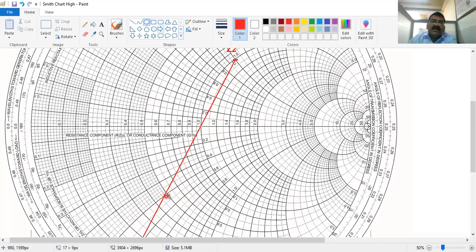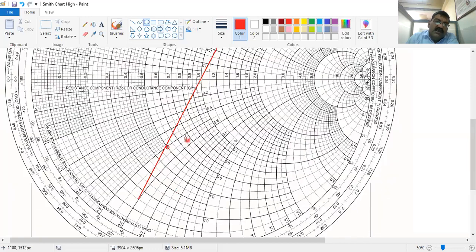As accurately as it can be done, it should come from 0.5, 0.5. You can see here, this line is 0.5, and here it is 0.4 and 0.6. Here also the same, 0.4, 0.5, so it should be 0.5.